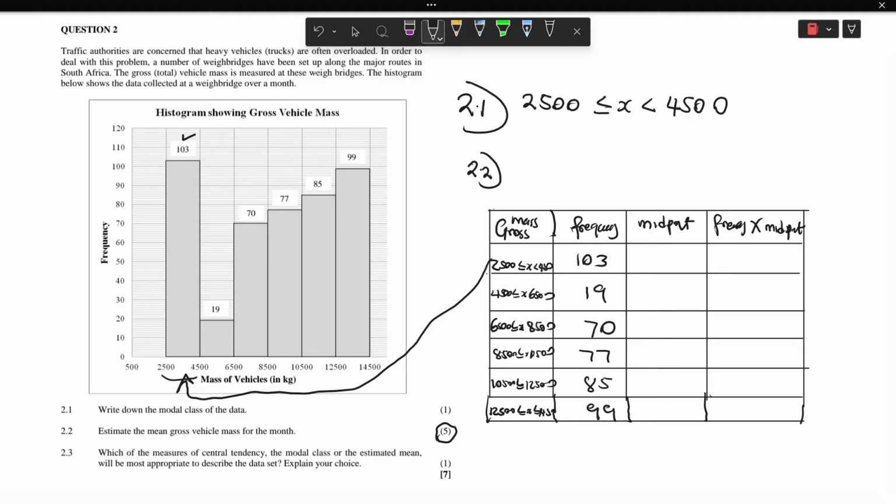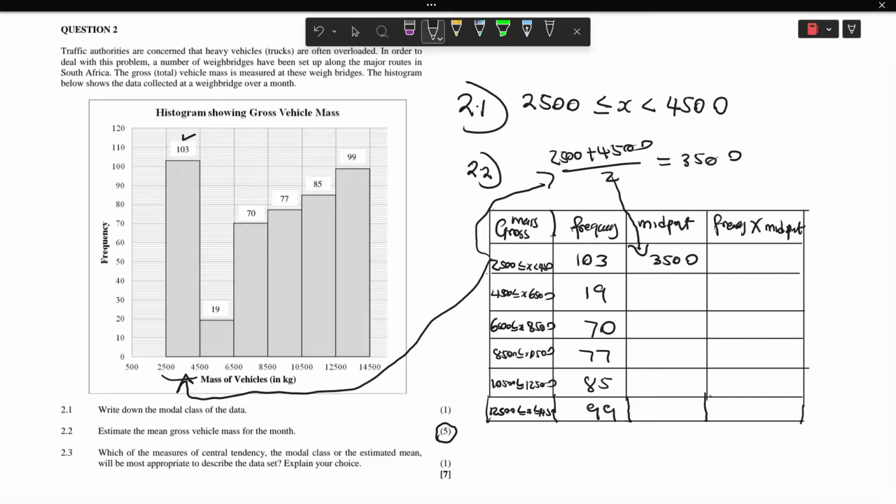Now you add the two. Let me give you an example for what I'm going to write here. You say 2.5 plus 4.5 divided by 2. The answer you're going to get will be 3.5, 3,500.